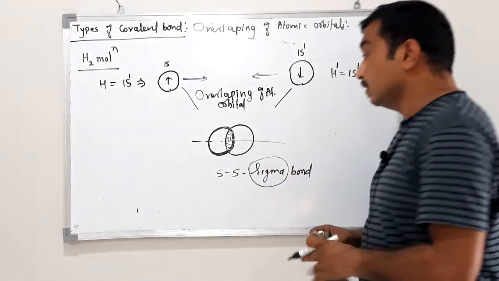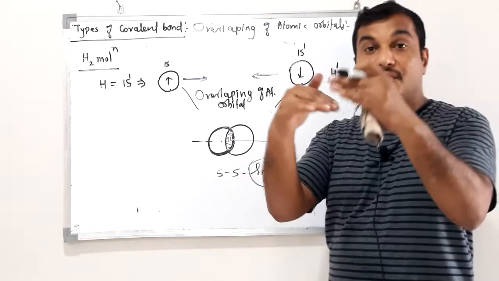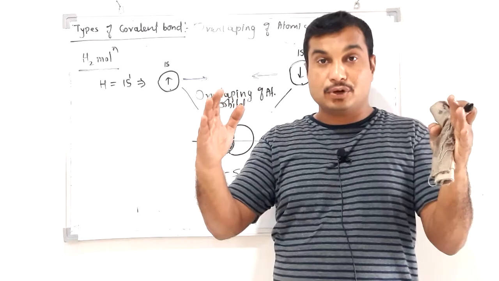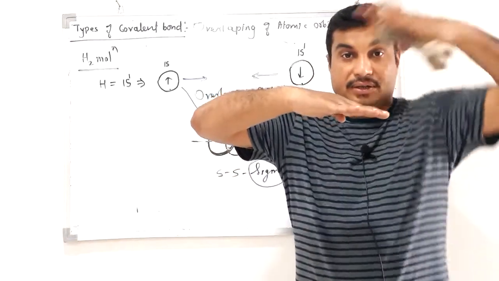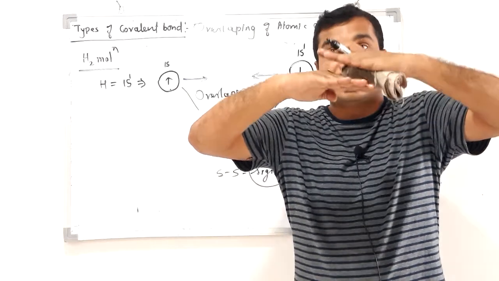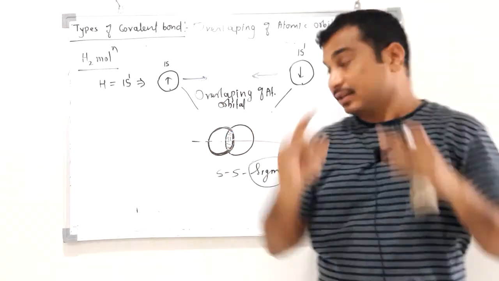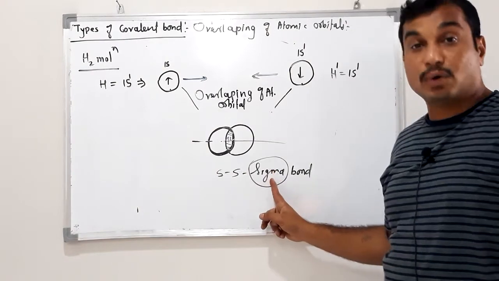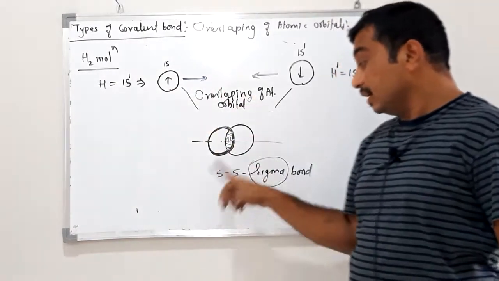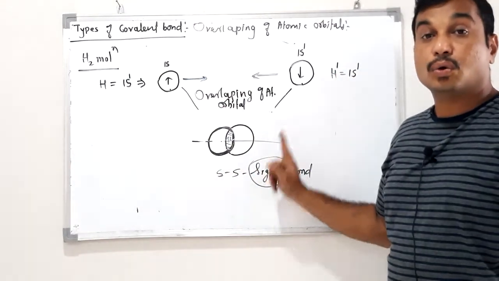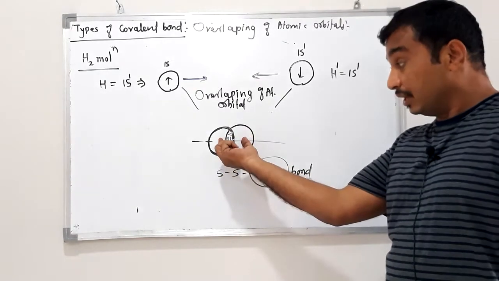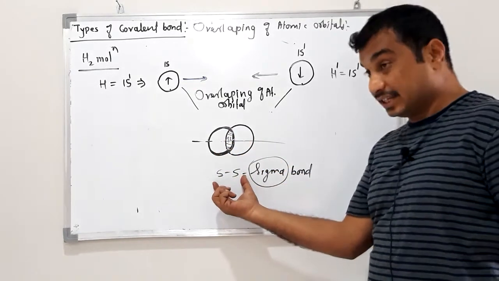Sigma means there is axial overlapping between atomic orbitals. If overlapping of atomic orbitals is like this, one on another, axial, this is called axial overlapping, and if overlapping is axial, then the bond is called a sigma covalent bond, and if both the orbitals are s type, then that is called SS overlapping or SS sigma bond.